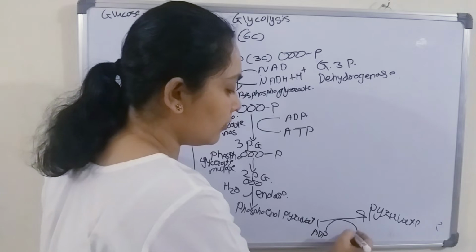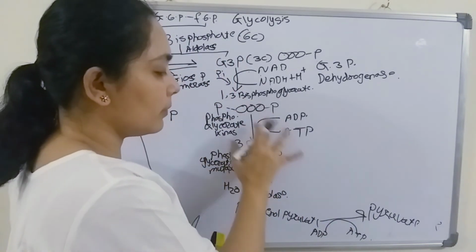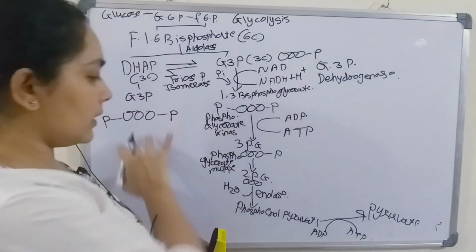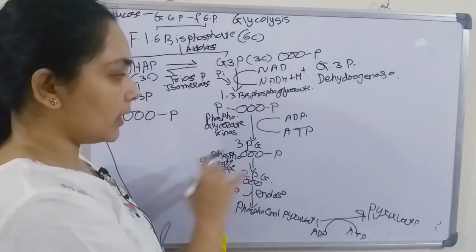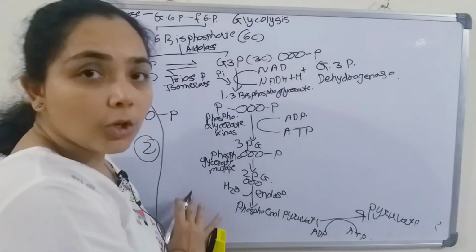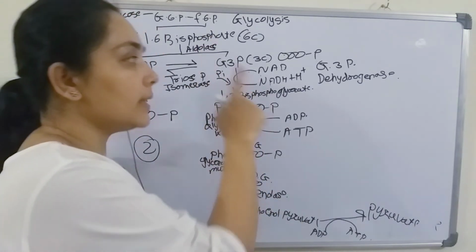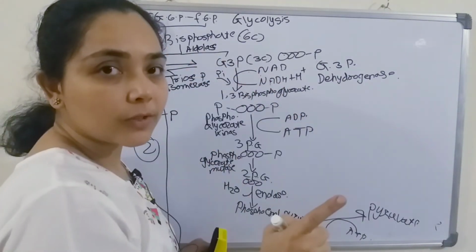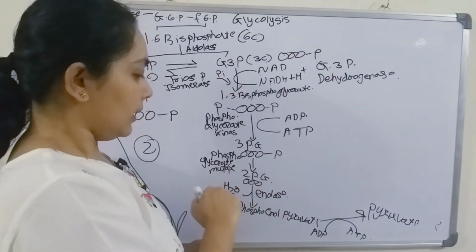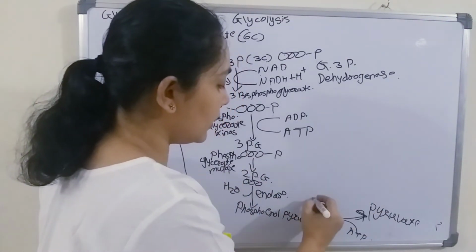ADP will convert into ATP. Okay, so both phosphate groups will be utilized here. The same way 2 phosphate groups are utilized. So 1, 2, and here also we'll get 2 ATP. So a total of 4 ATP we will get by substrate level phosphorylation, and 6 ATP by oxidative phosphorylation.